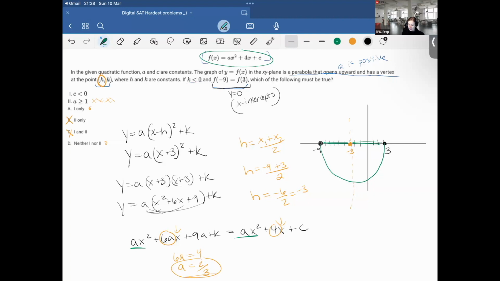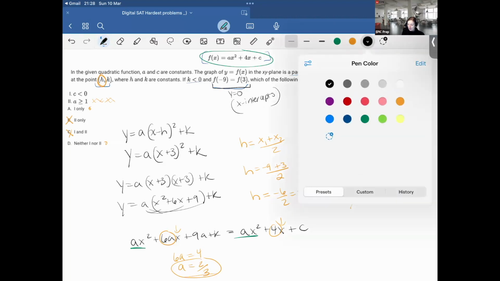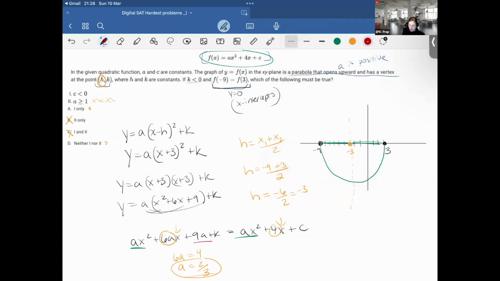And then likewise from here, let me make this red. So I know that my C value is this. So 9a plus k is equal to C. I have my a value, so I can plug that in here. So 9 times 2/3 plus k equals c.